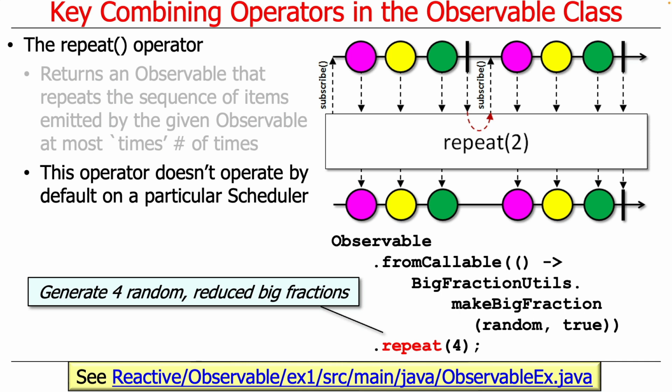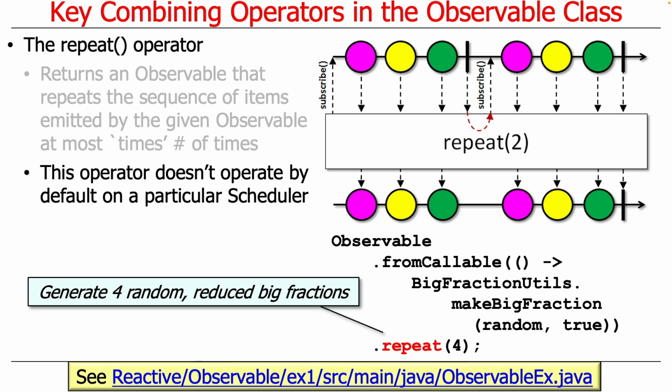And so that should, I suppose, do it 5 times. If the documentation is to be believed, that would be something you should check out to make sure what it does. So generate 4 random, I should probably say 5 random reduced big fractions. And basically each time it runs, it'll get you a different big fraction because fromCallable is going to be a lazy invocation.